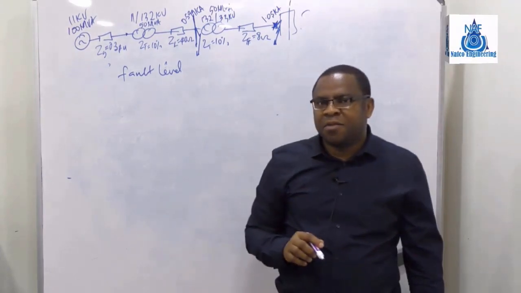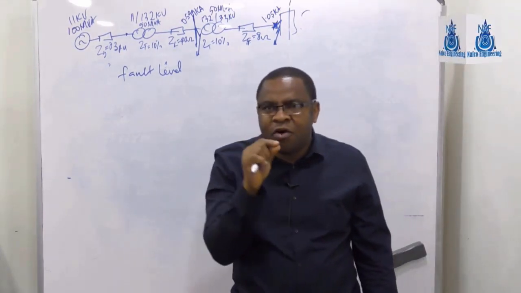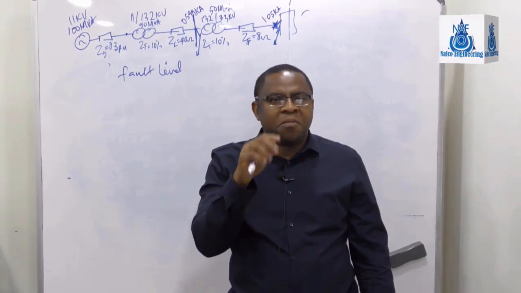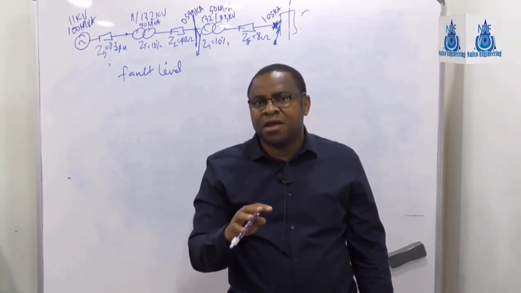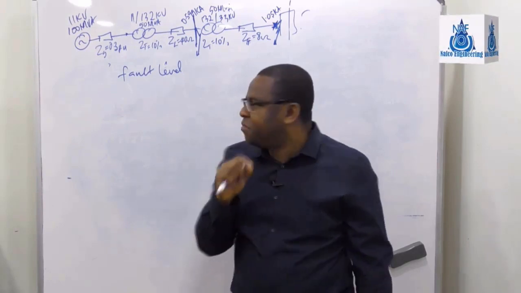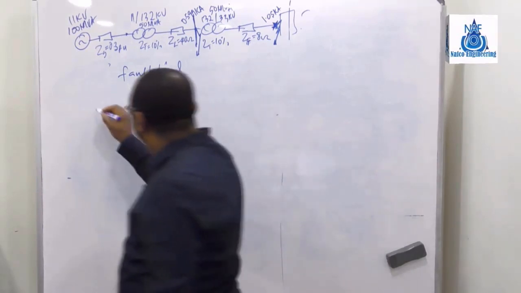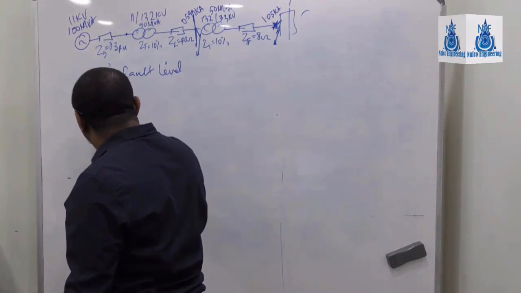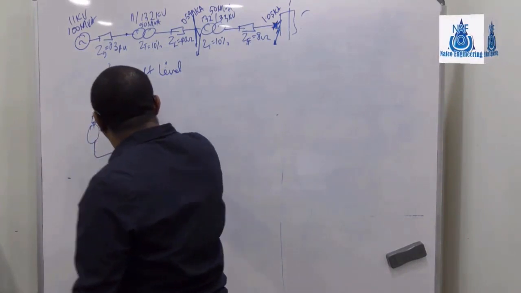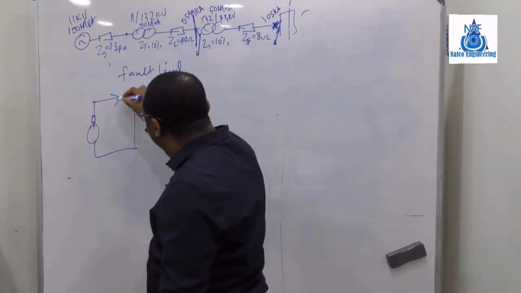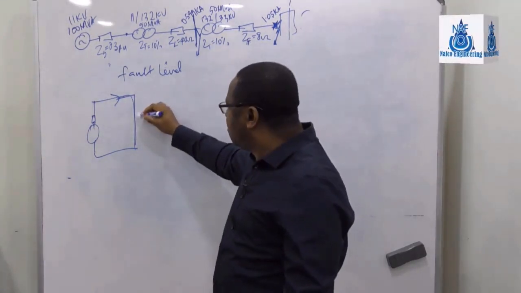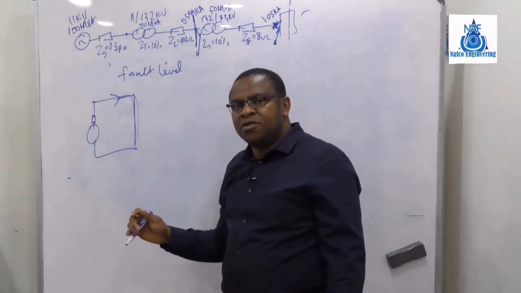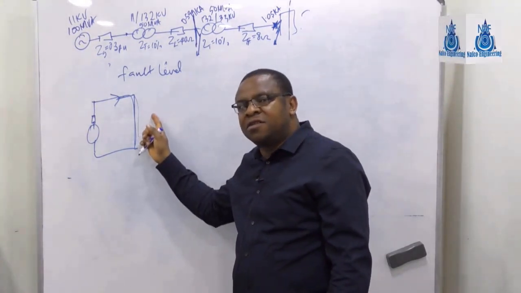In a power system, the fault level, which is in MVA, is the maximum fault current that can flow into a zero impedance. Like if I have a short here, the current that will flow through here, this is zero impedance, okay? There's no impedance there, just a short. So that can flow into that zero impedance.